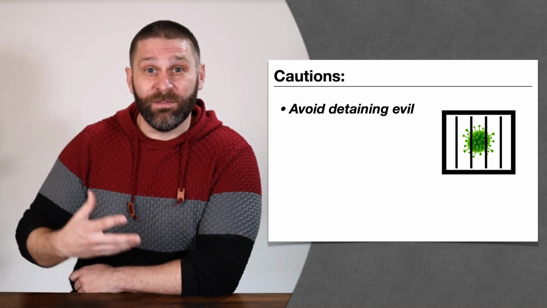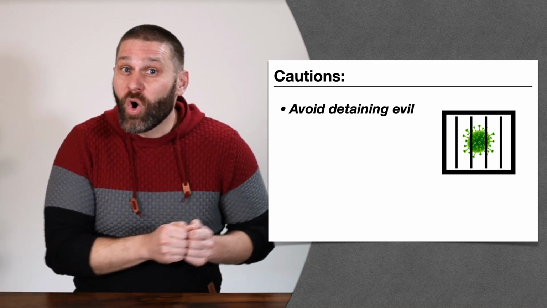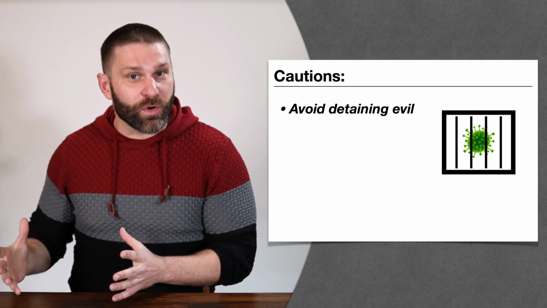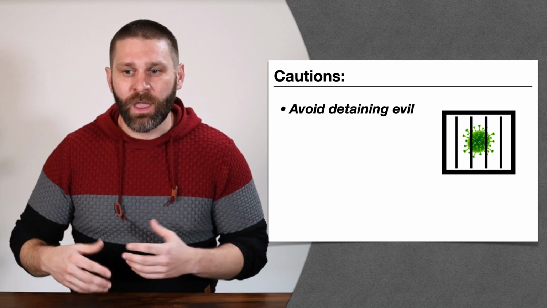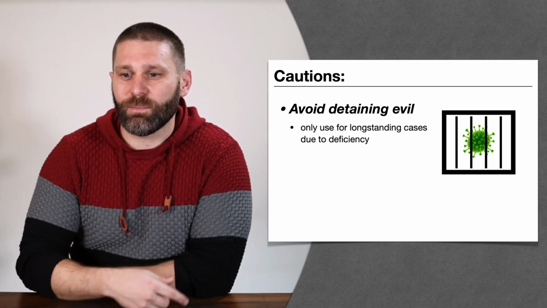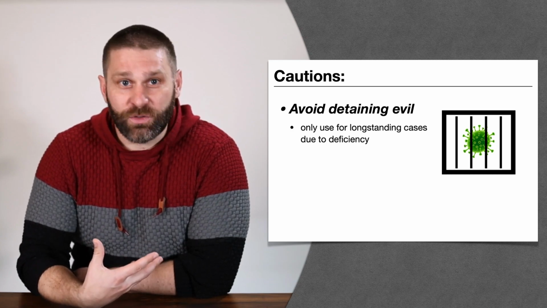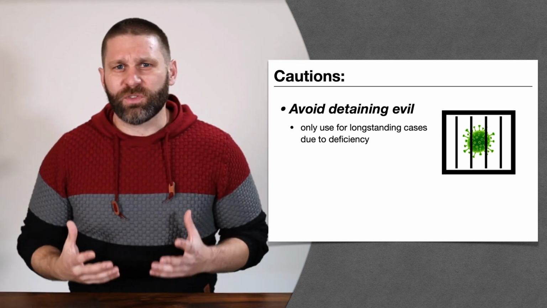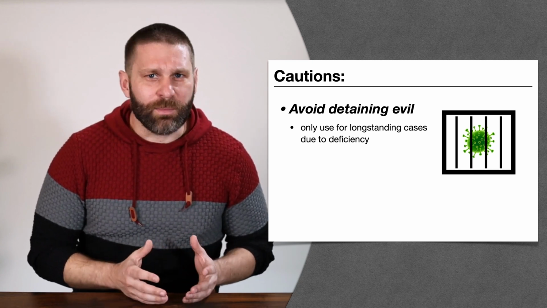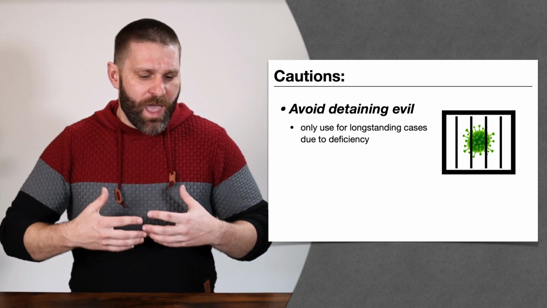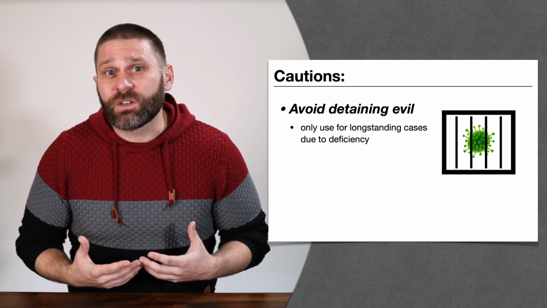So if you have something invading, you first want to push the pathogen out, and then you can reinforce the exterior and hold things in. So that's something we want to keep in mind, that these herbs are for long-standing cases due to deficiency. In terms of diarrhea, think about IBS or Crohn's, where it's been going on for a long time and it's usually due to a deficiency condition.